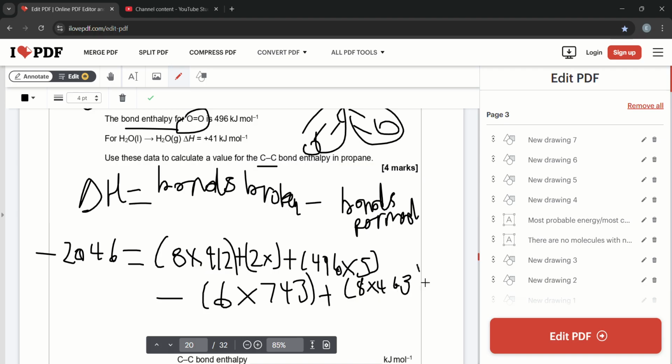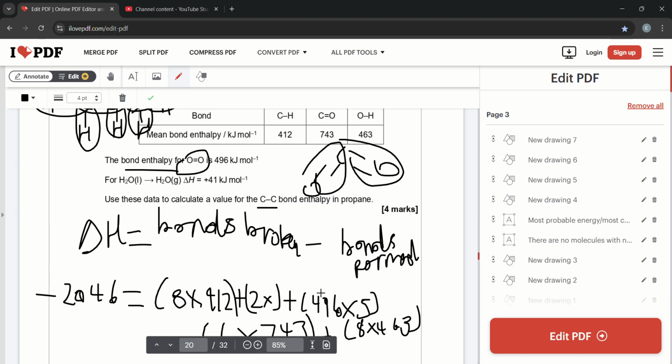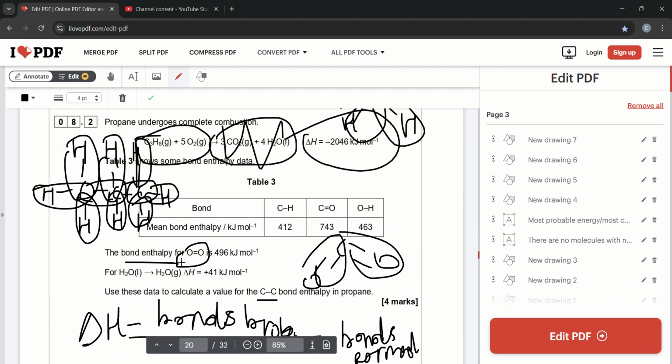You can see how it's getting complicated. We also know to convert from H2O liquid to H2O gas is plus 41. So what we need to also add is that plus 41.